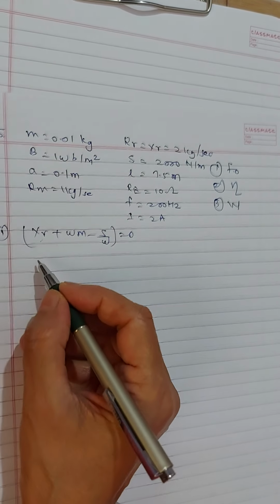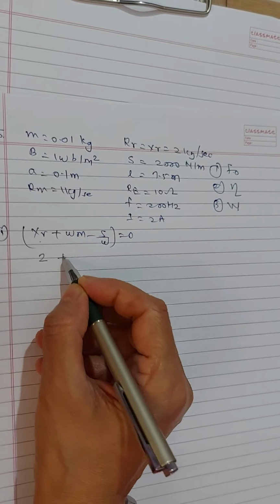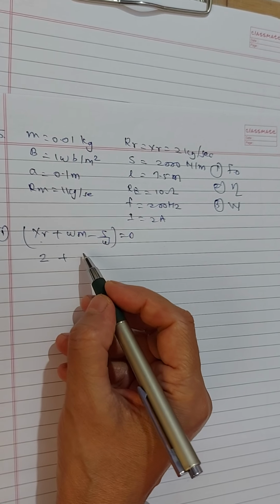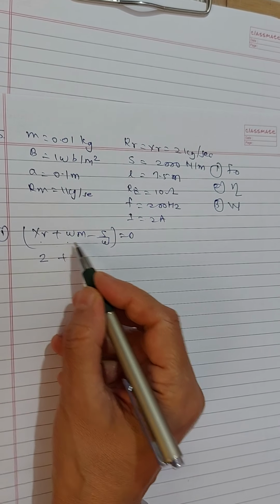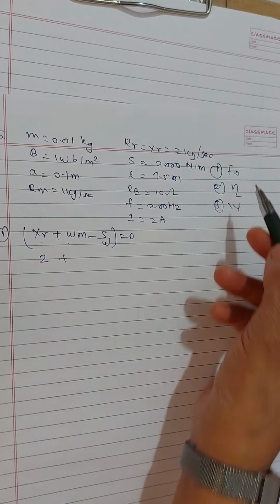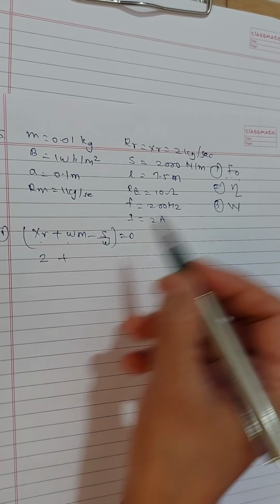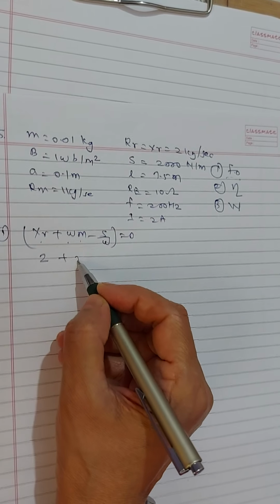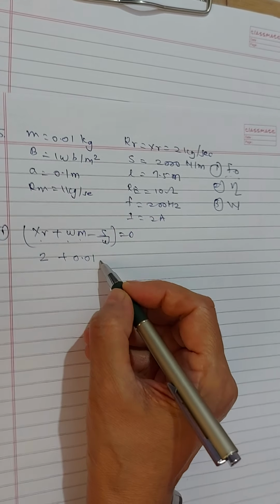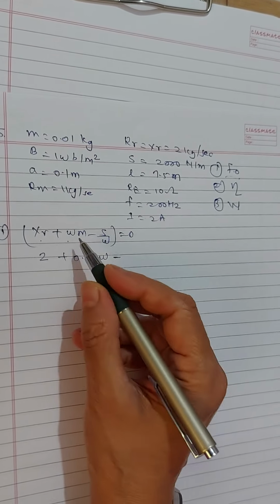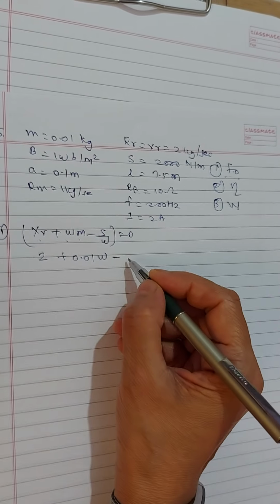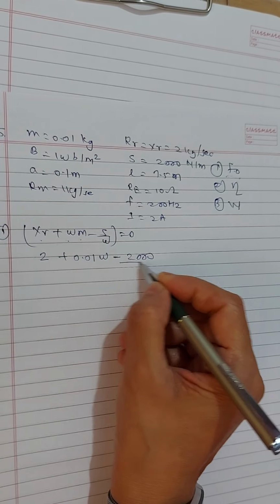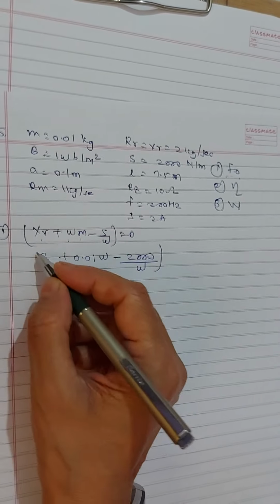Yes, it's given, so 2. Omega is not given, which is what I need to find out first, actually F0. How much is m? M is 0.01, so I'll write 0.01 omega, minus S. How much is S here? It's 2000, divided by omega, is equal to 0.